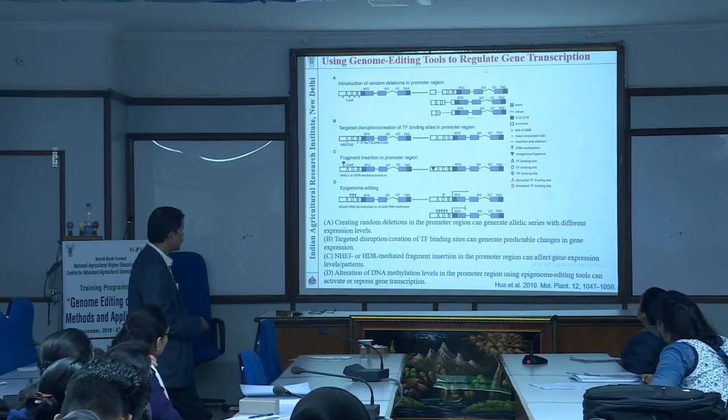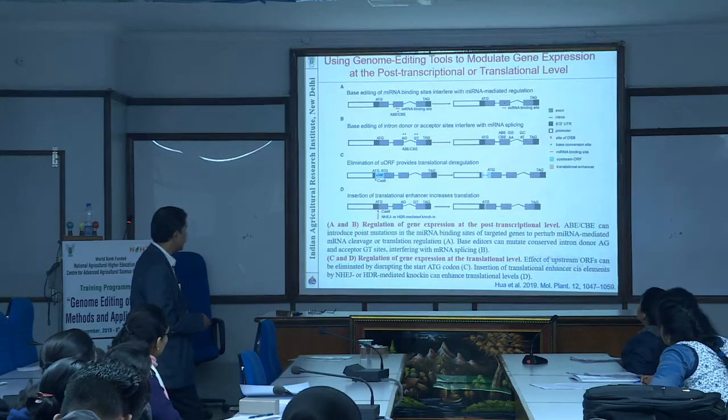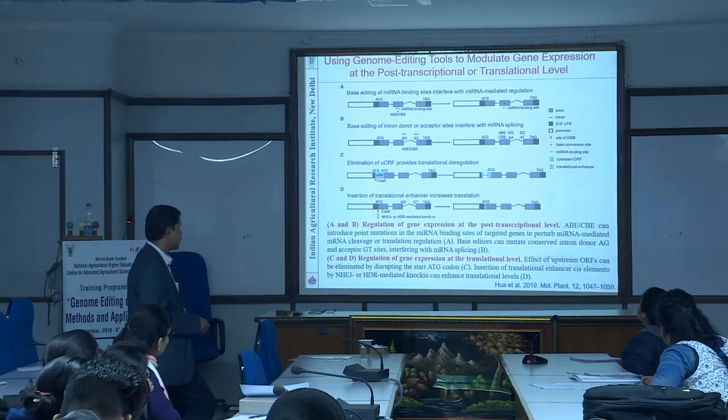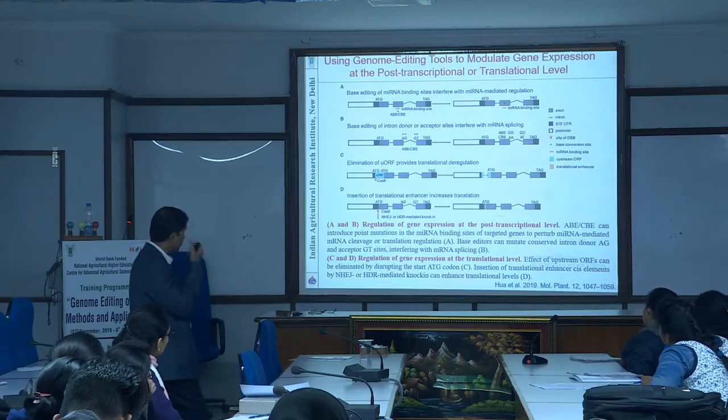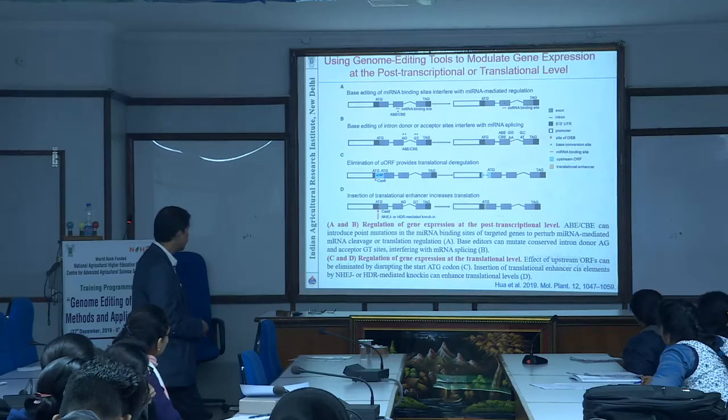By this approach also you can alter the gene transcription, and also you can do post-transcriptional and translational regulation, that is, the transcription is not affected but the translation product may have a different impact.